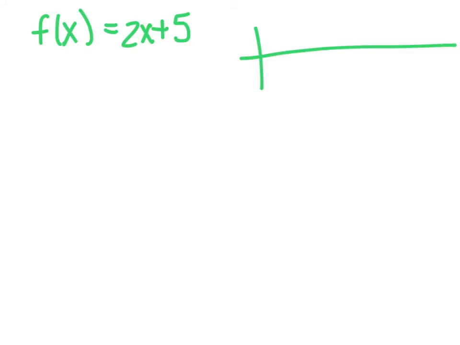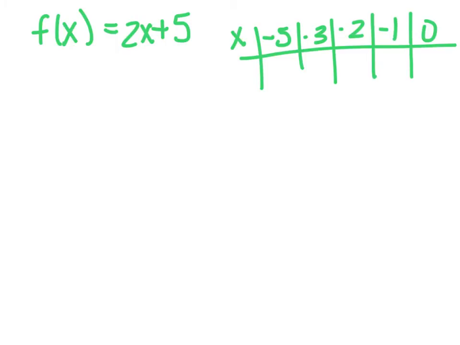So we're going to take f of x, which is our original function, equals 2x plus 5, and then our table, remember, had the values of negative 5, negative 3, negative 2, negative 1, and 0. Those are our x values, and we're going to find f of x.